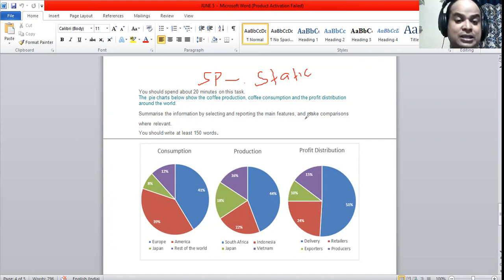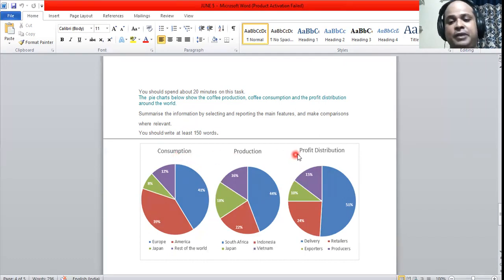The next thing we have to see is how many types of information are there. Type of information number one is the production of the coffee. Type of information number two is the consumption of the coffee.